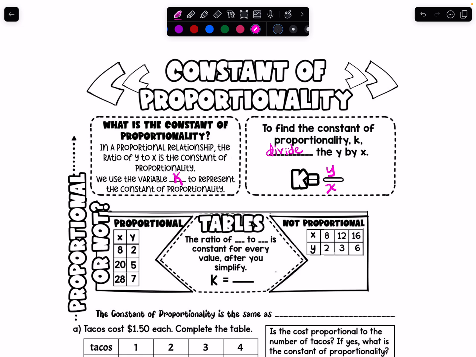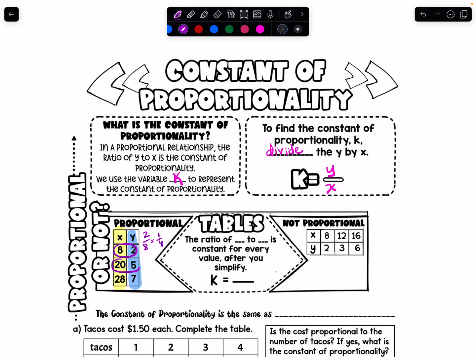So the first table, let's use a highlighter here. Here are my x values. They're always the first set of numbers in the table, and here are my y values. So we're going to compare the ratios that we get when we do y over x. In this first pair here, y over x is 2 over 8, which is 1/4.